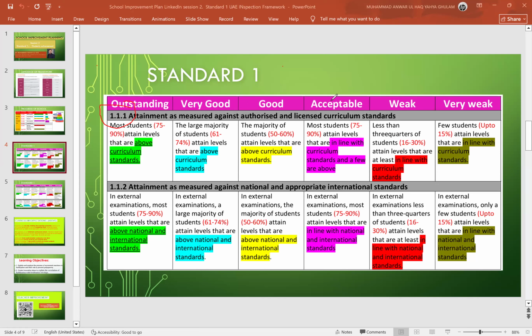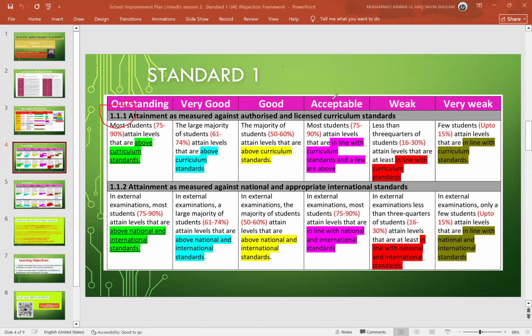Now, if you look at 1.1.2, this is again related to attainment, and it is rated against national and appropriate international standards. We mean international benchmark exams.